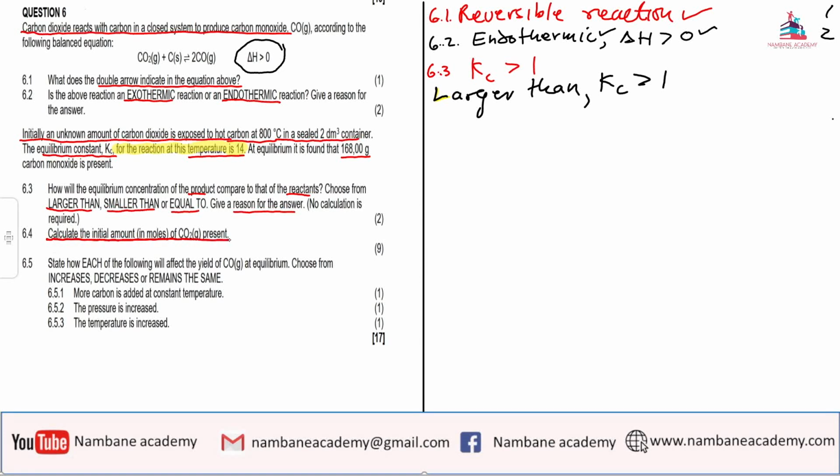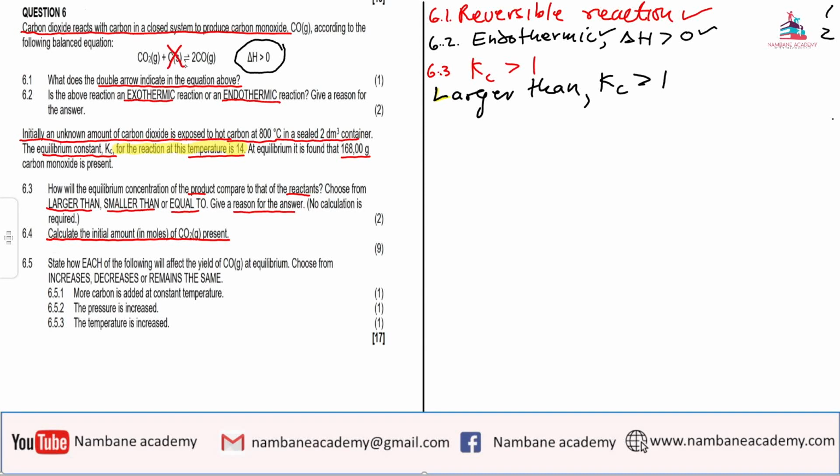Calculate the initial amount, in moles, of carbon dioxide present. So what must we do with this one? It's very easy. We are working with carbon dioxide, carbon solid, carbon monoxide.